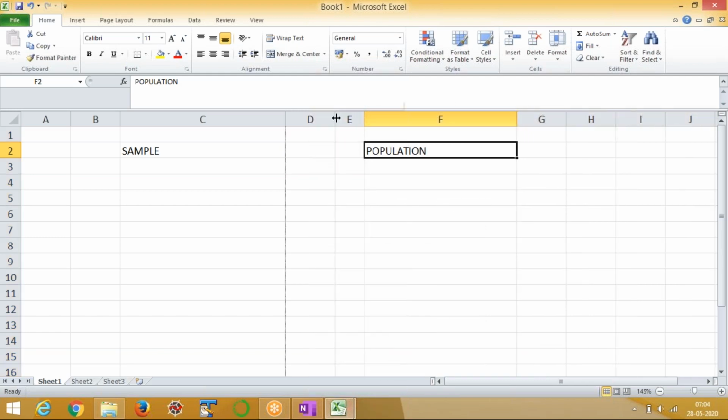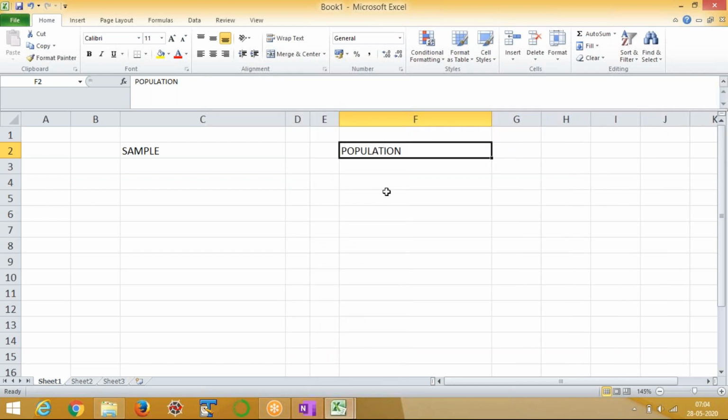Do you see any technical difficulties in logging in here? Yes, I could see people leaving the class, joining again, leaving again. Are you facing some kind of issues? No, nothing like that.